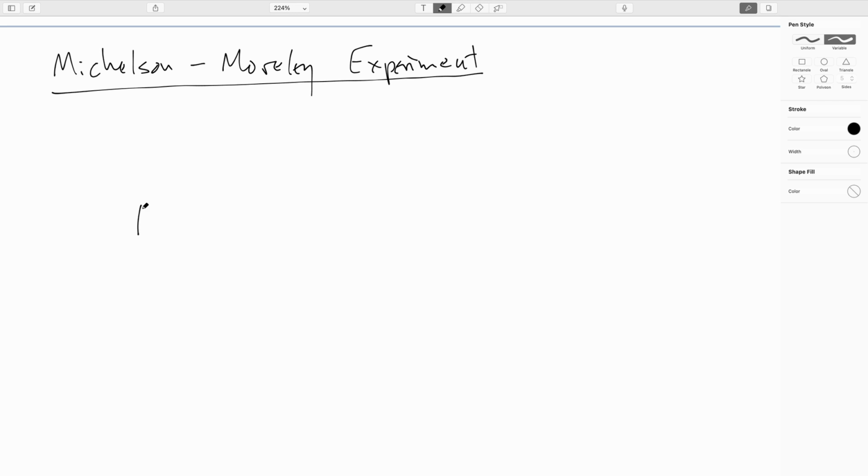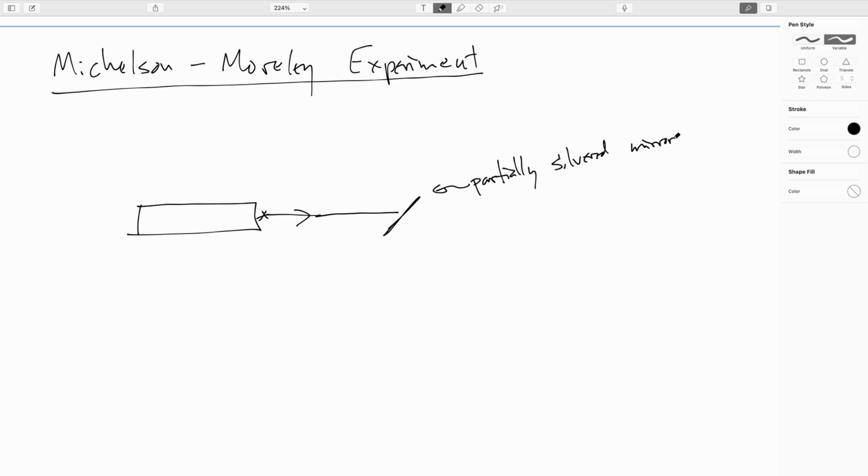Nowadays, we can build one a lot easier by using a laser. So what you do is you shine laser light onto a partially silvered mirror. This is also known as a beam splitter. So the silvering is just the shiny stuff on the mirror, and there isn't enough of it to bounce all the light.